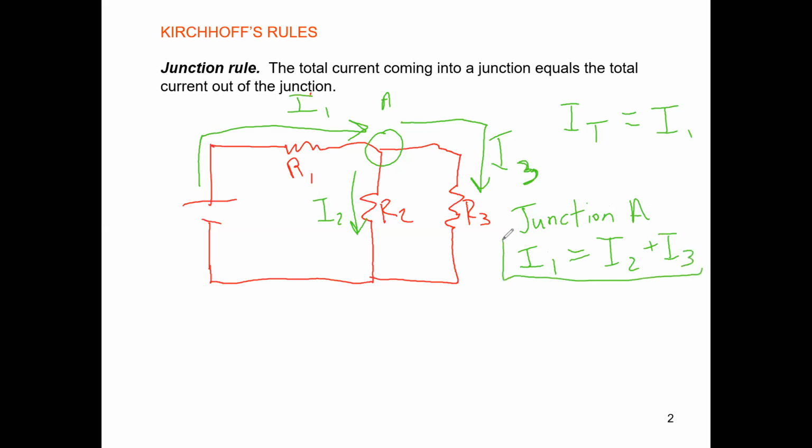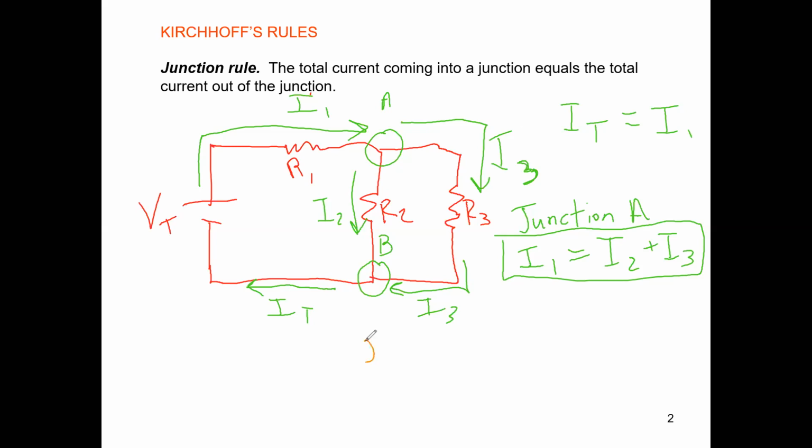So there's one example of Kirchhoff's junction rule. We could also take a look at this area right here, and we can call this B. If we think about the current coming in here, we've got I3 there, and then we can call this either I total or I1, whichever we want, because I total and I1 are the exact same thing.